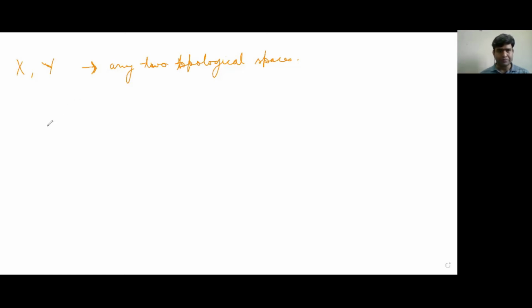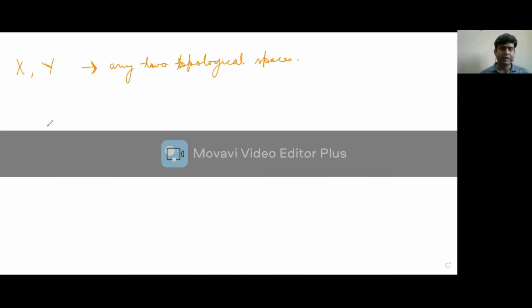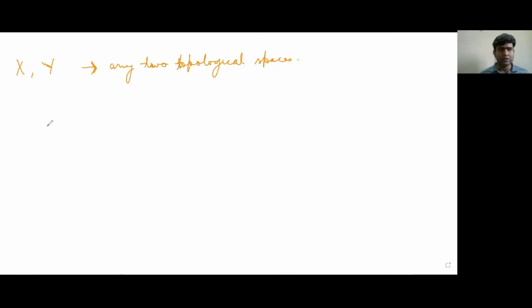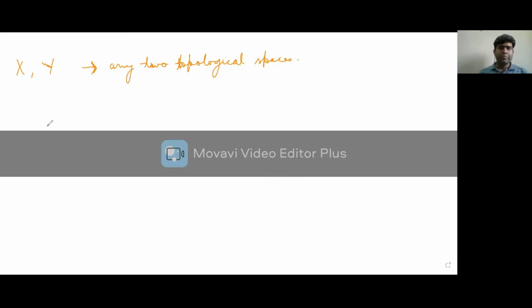In general, this may be extremely difficult to decide. In some particular cases there may be easier ways to decide, but in general it is extremely difficult. So in algebraic topology, what we do is the following.